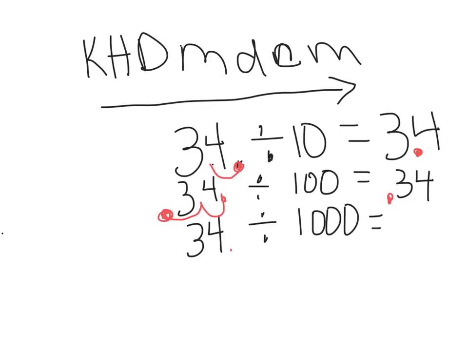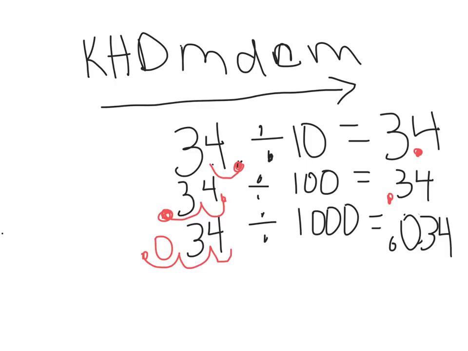It's hanging out here ninja style. 1, 2, boop. But there's nothing there, so we're going to have to add a 0. So when we divide by 1,000, we have 0.034.